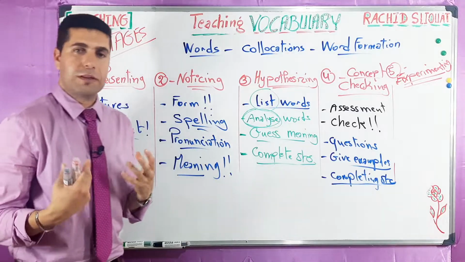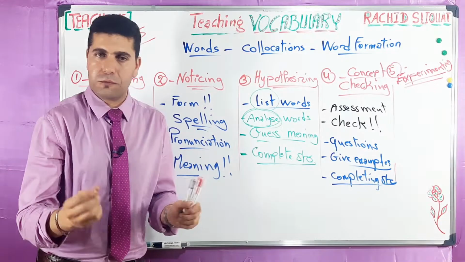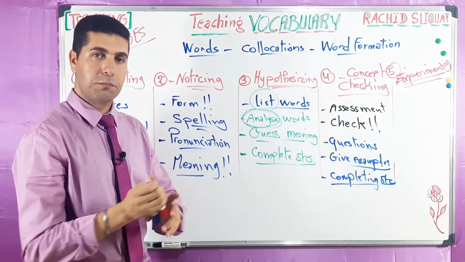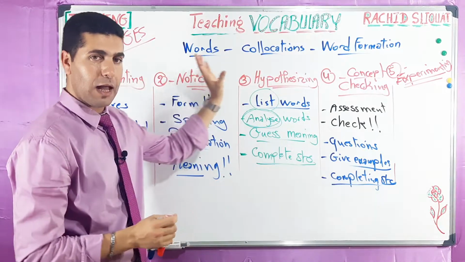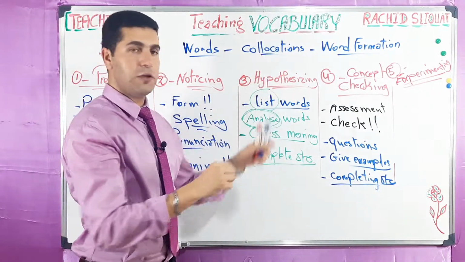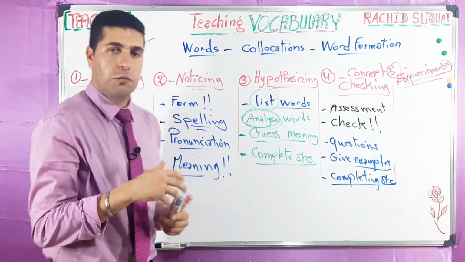You can also give them a different context. For example, you can give them a text or a dialogue and ask students to underline the words that belong to the same category you are teaching. You ask them to underline collocations, for instance.